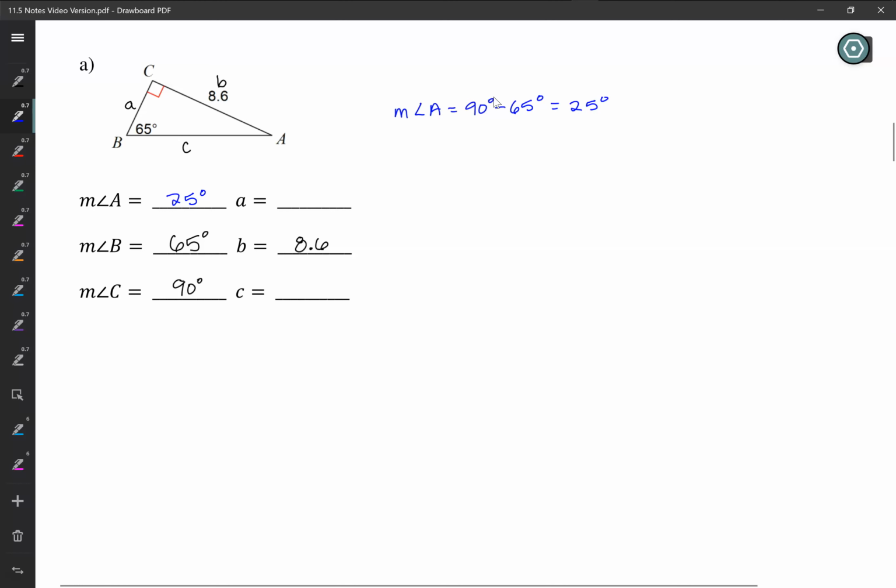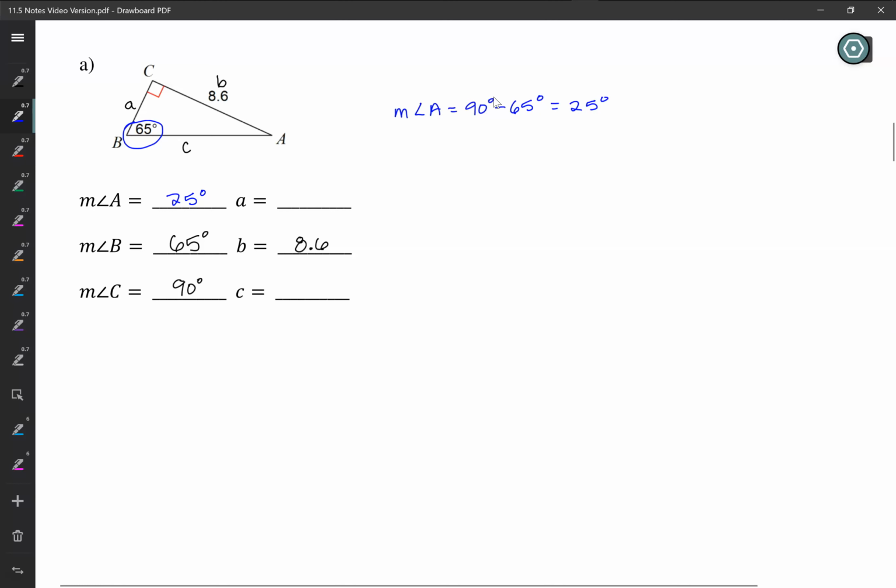Okay, so the sides I want to label. I could certainly use that 25 degrees I just got, but I am known for making silly arithmetic mistakes. So just in case I made a mistake with my subtraction, I'm going to stick with this 65 degrees right here. I'm going to focus on that angle.